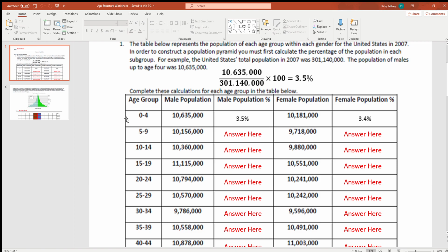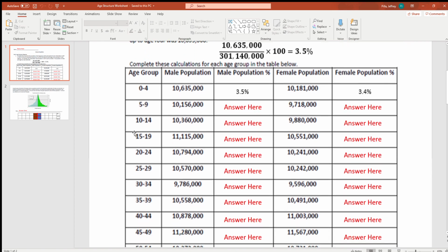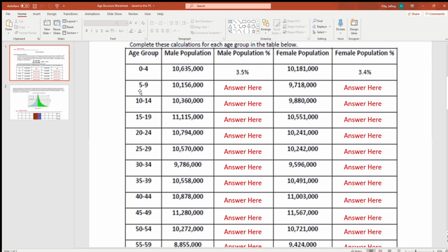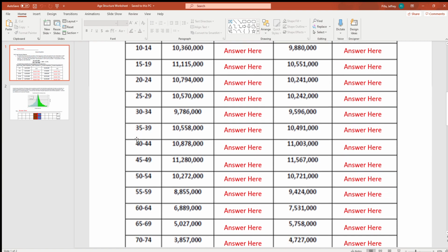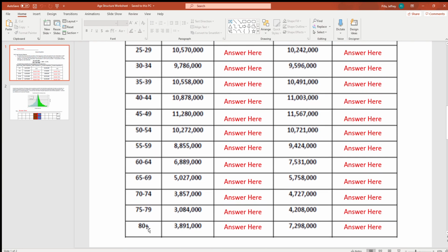Reason being is that you don't really want to construct this population pyramid for each individual age, because then you wind up with this gigantic population pyramid. Instead, we bunch it into 5-year age groups to kind of make things more concise. So if you look on the left, here's all of our age groups: 0 to 4, 5 to 9, 10 to 14, and so on. It goes all the way down to 80 plus.